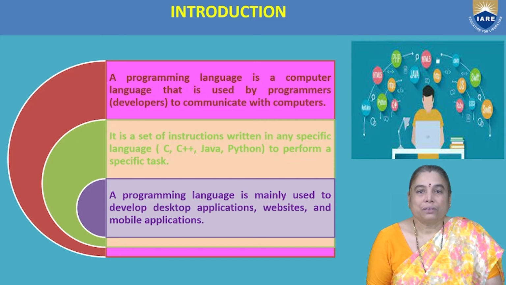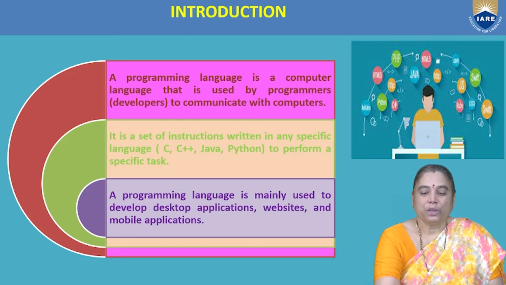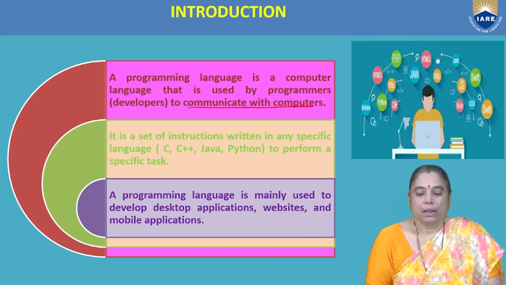The language is used to communicate with the computer. The mode of communication by the user with the computer is the programming language. A programming language is a computer language used by programmers or developers to communicate with the computer. And we have a variety of programming languages.